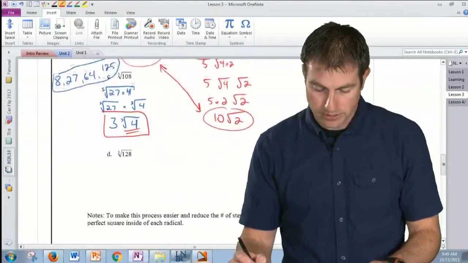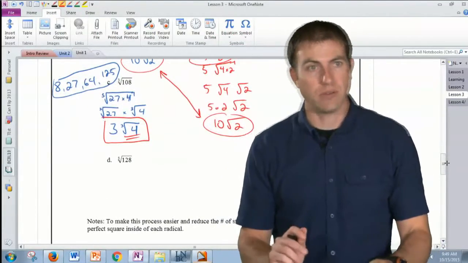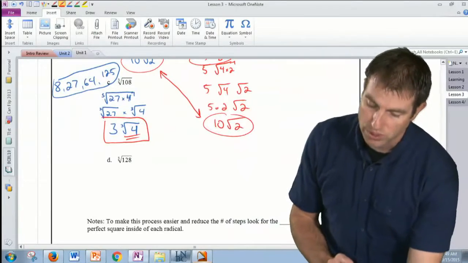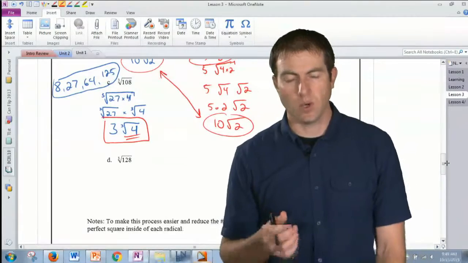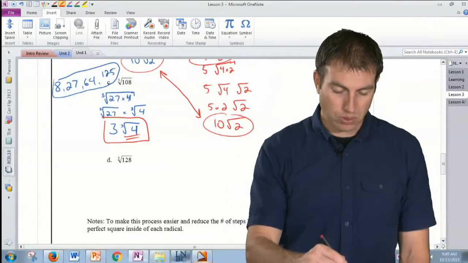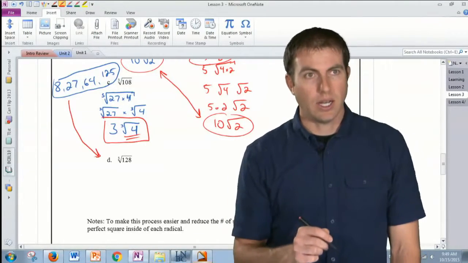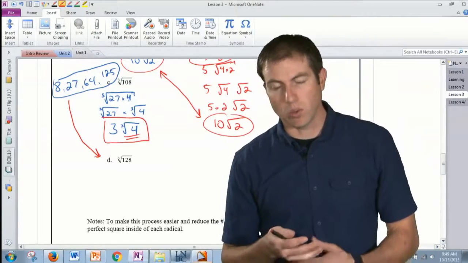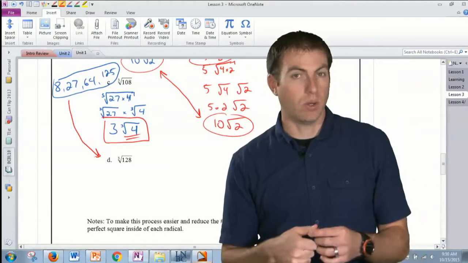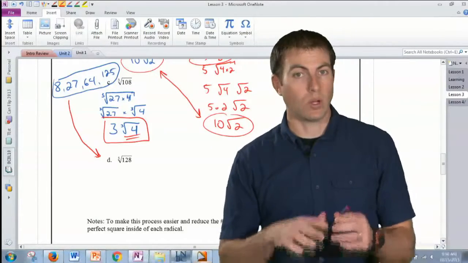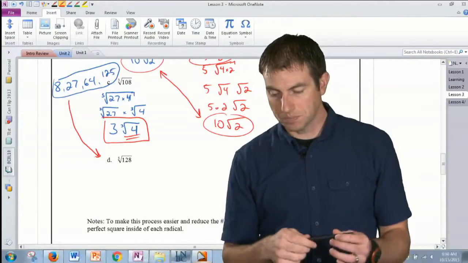Last one here. We're trying to figure out the cube root of 128. I know it's not a perfect cube, so I'm going to have to try to simplify it. So of the perfect cubes that I wrote up above here, which one goes into 128 a whole number of times, or an integer amount of times? So we don't want to deal with decimals. We always just want whole numbers or integers.